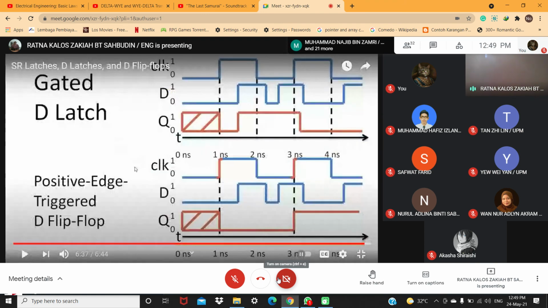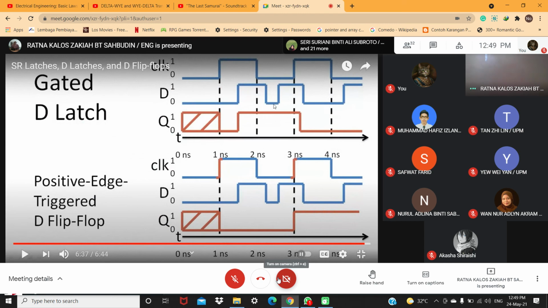If you have finished uploading your answer in Putra Blast, look at this slide. This shows the difference between the gated D latch and the positive edge triggered D flip-flop. This is the gated D latch. You see here is the clock, and this is the D data.